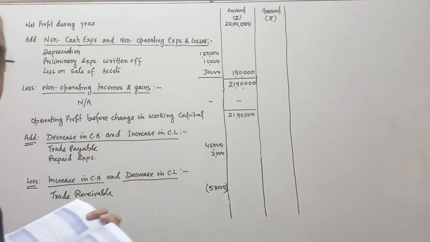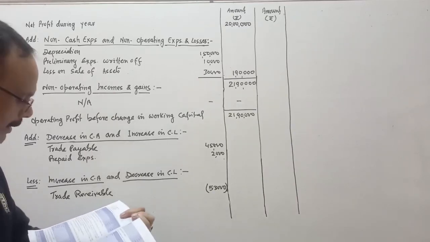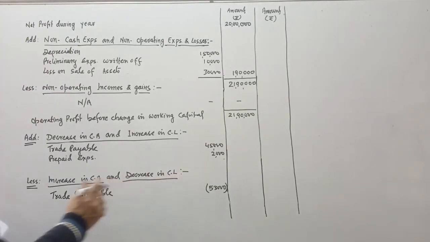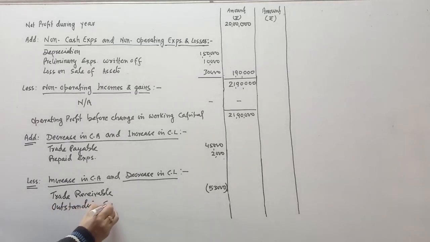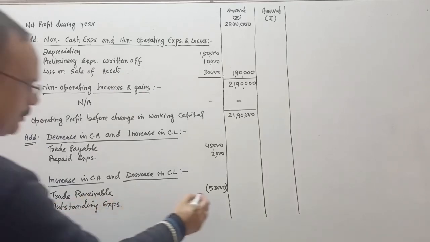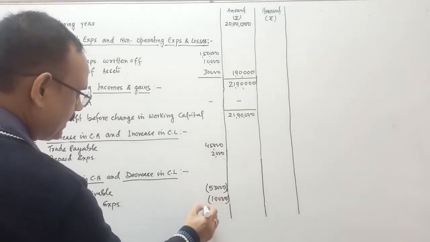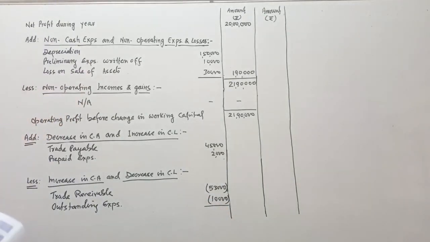It's a current liability, and it is decreased by 10,000. That's it. There is no other figure.